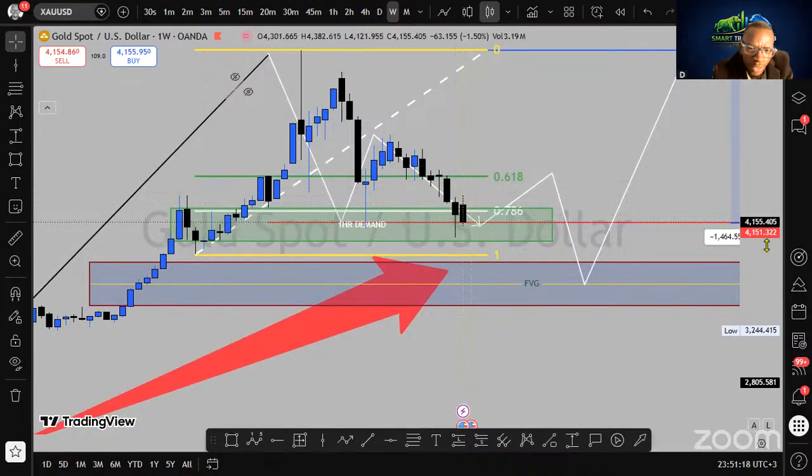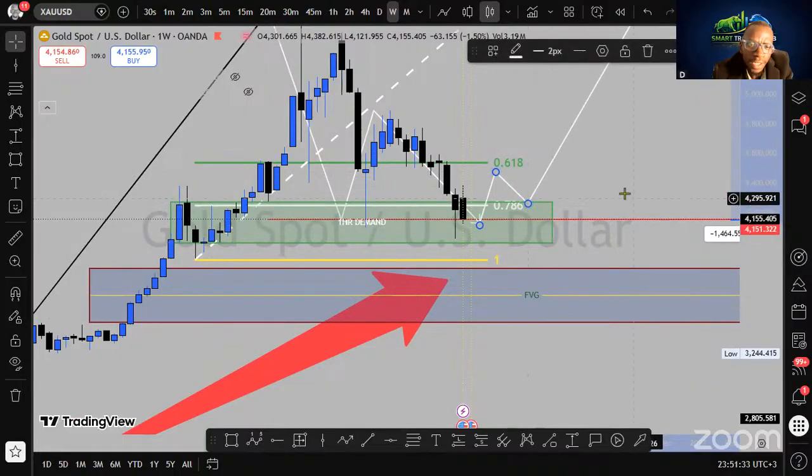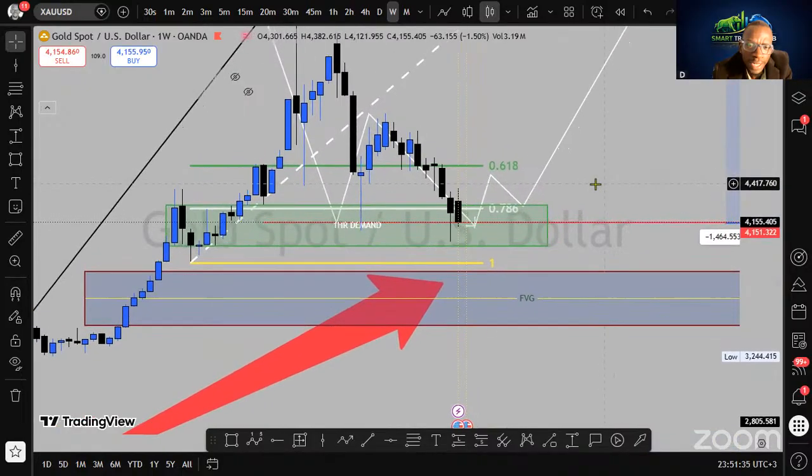Did we retest all the above areas? Yes, we did. So my view is we do something like this. If buyers are to step in, they're going to step here.